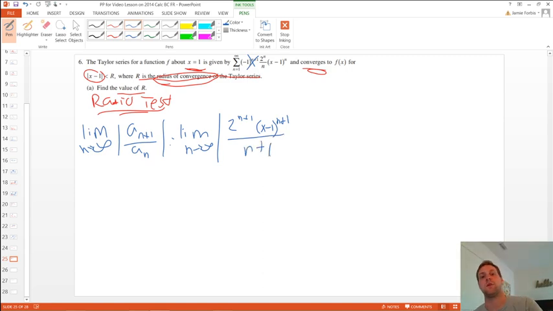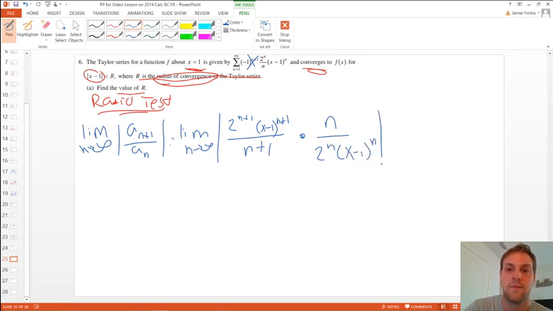So that's everything with the n plus 1 plugged in. And we're going to multiply that by, because we're going to do same change flip, a sub n. So that would be quantity n on top, and on bottom 2n and x minus 1 to the n.